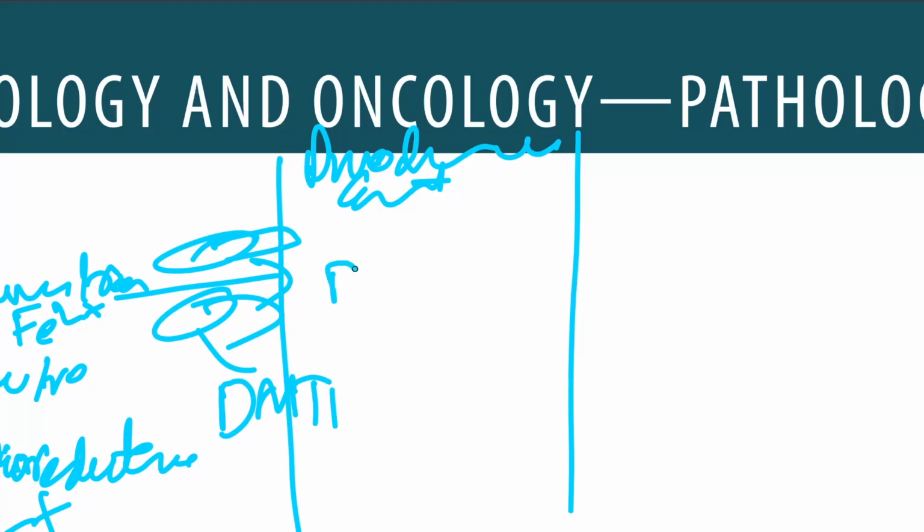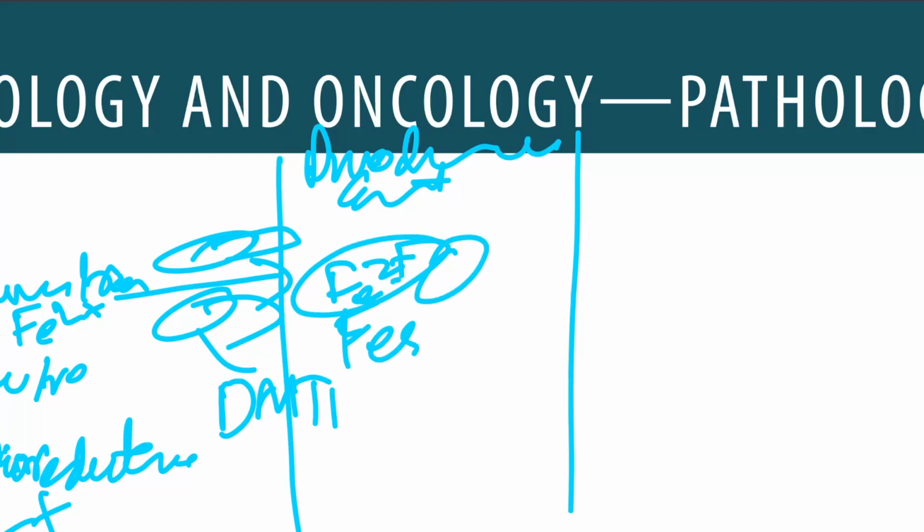So as soon as it comes in here, it gets stored within the duodenum enterocytes. It's called ferritin now because it's become stored. Ferritin. And for that ferritin, there is another transport channel here that is called FP1, which is ferroportin 1.